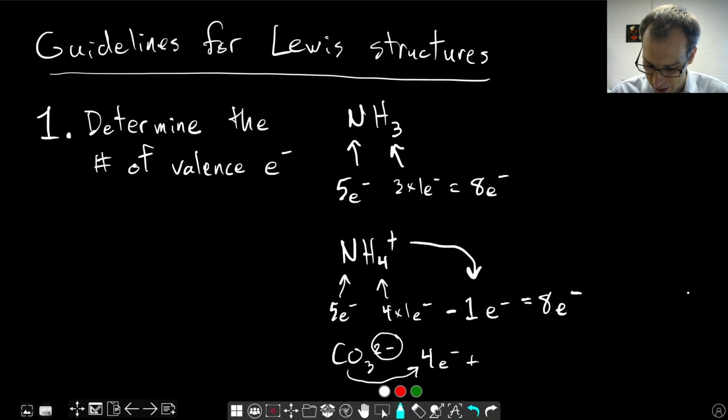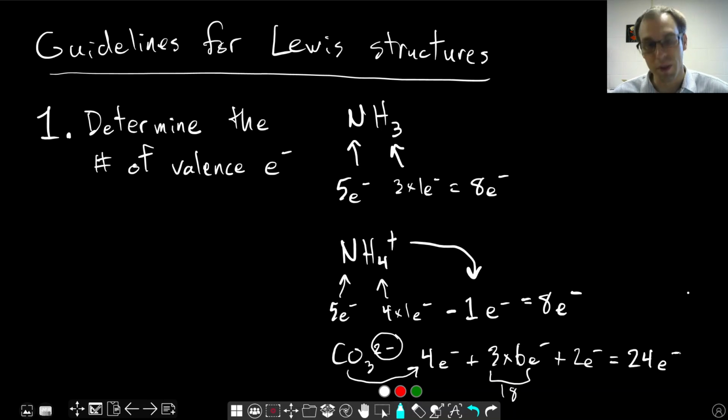Each oxygen will have 6, so we have 3 times 6 electrons in this example, and then an extra 2 electrons due to the charge on the ion. So 3 times 6 is 18. 18 plus 4 is 22, and plus the 2 extra, our total number of valence electrons in this example is 24 electrons. Okay, so this is just a few examples of determining the number of valence electrons.